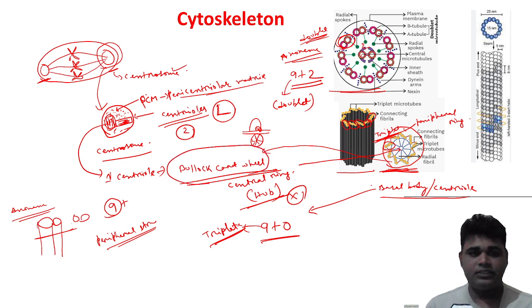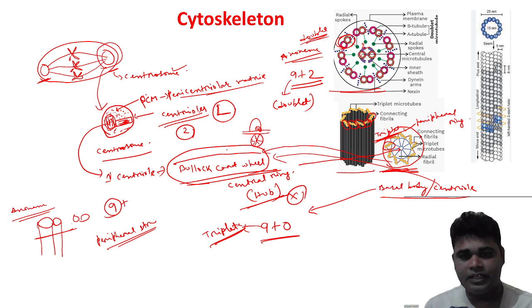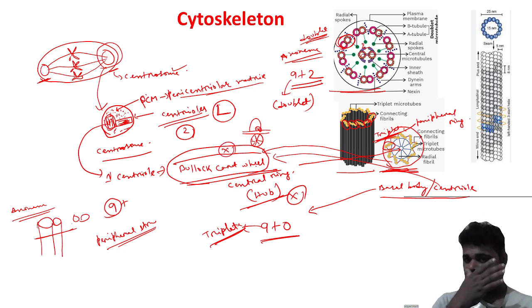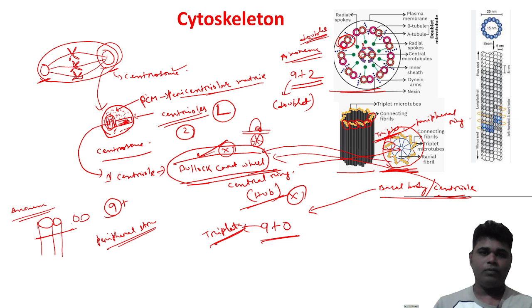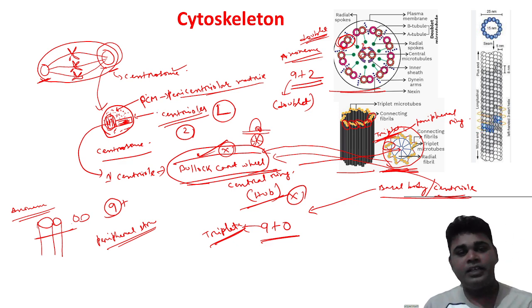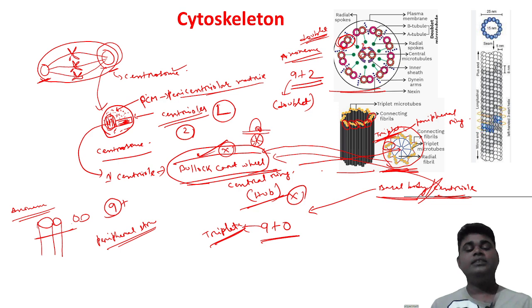That is why the centriole is also called the bullock cart wheel. This is very important, and in a previous exam this question arose: which structure is also called the bullock cart wheel structure? The answer is the centriole. So this is all about the structure and the difference between the axoneme and the basal body. The basal body is the same as the centriole, and here the centriole forms the cilia and the flagella, and the process is called ciliogenesis.